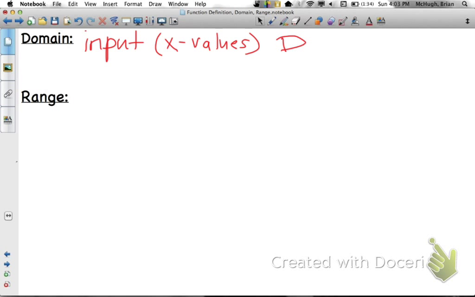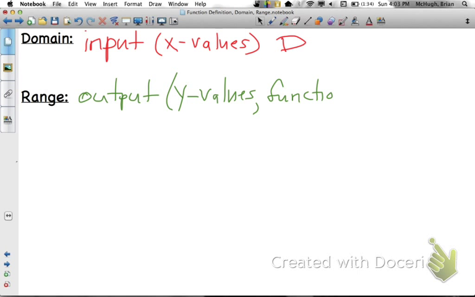The output values, which we also kind of called y, are the range. Those are the y values, or the function values. If we're going to stick with function notation, instead of using y, we can talk about function values, and a capital R is the range.